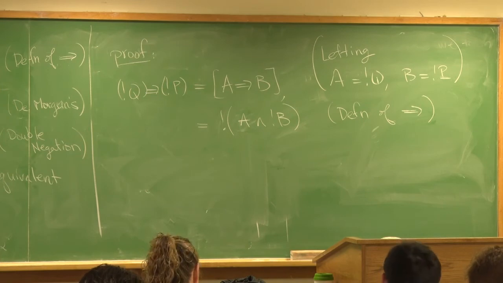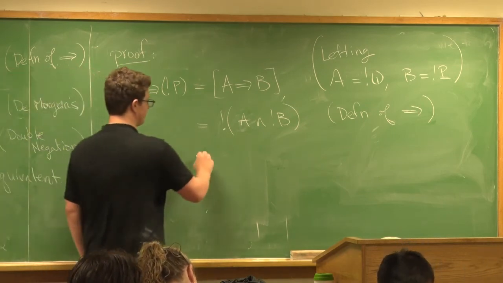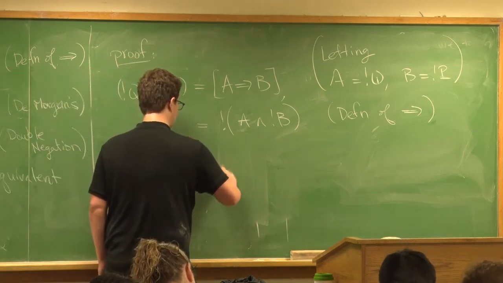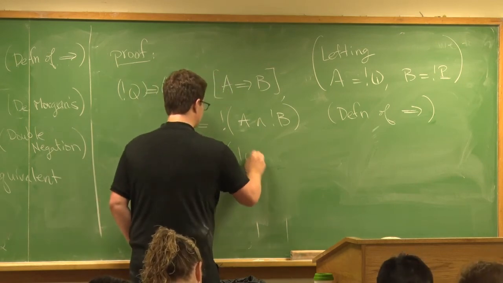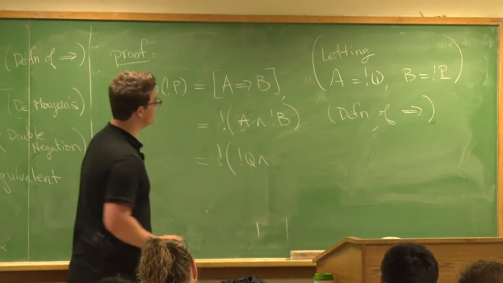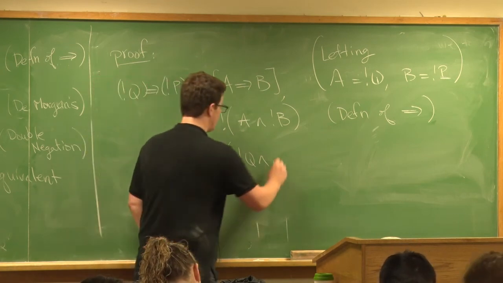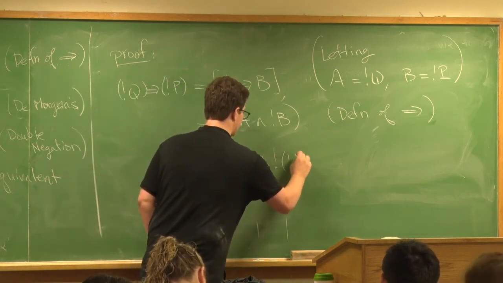And so I'm going to just substitute this in again. So I'm just going to do not. And the definition of A was not Q, and the definition of B was not P. So not P.